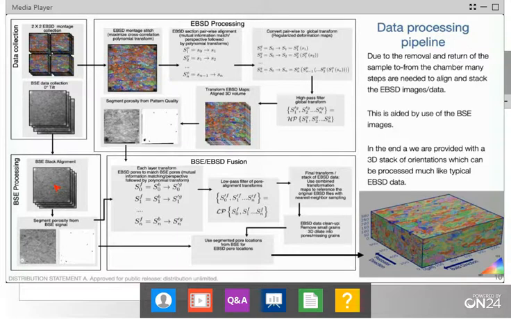One of the things we realized, though, is that the grain contrast was quite poor. This is because of the amount of strain that is in the material, and so the variations in contrast within one nominally similar grain orientation vary quite a bit. And so it's very difficult to use the grain contrast as a comparison to the EBSD data.